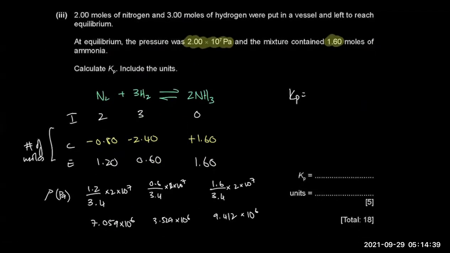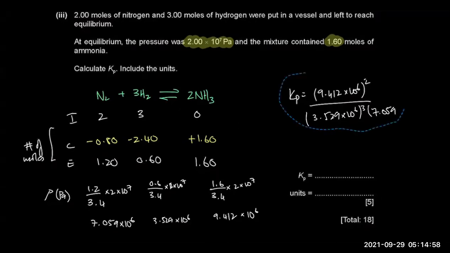Kp was ammonia squared, so 9.412 into 10 to the power of 6 squared divided by 3.529 into 10 to the power of 6 cubed for hydrogen and 7.059 times 10 to the power of 6 for nitrogen.